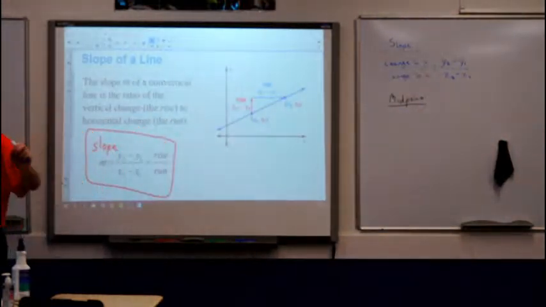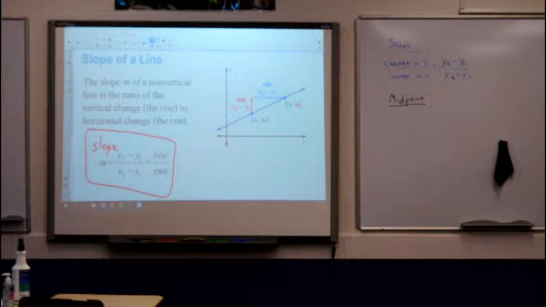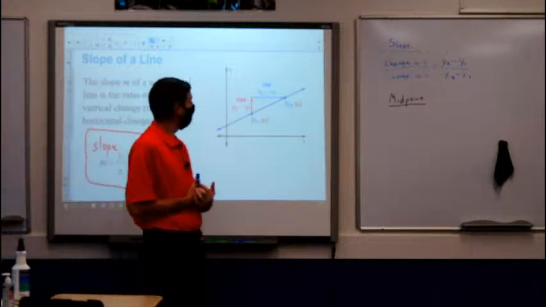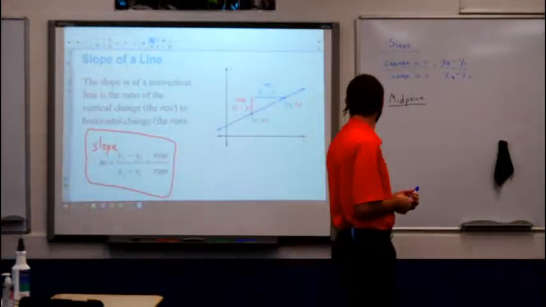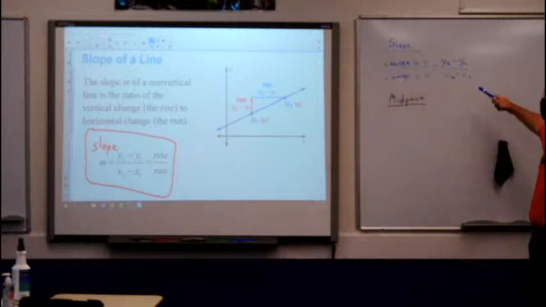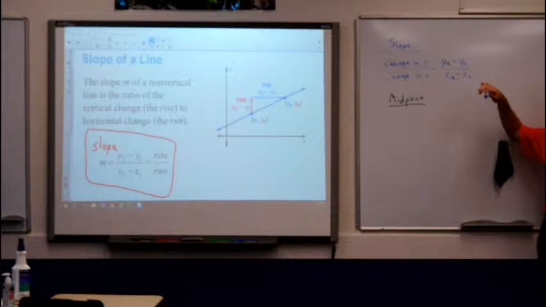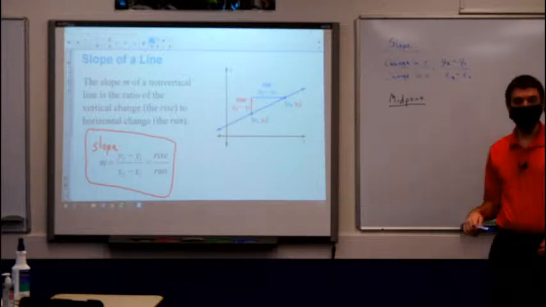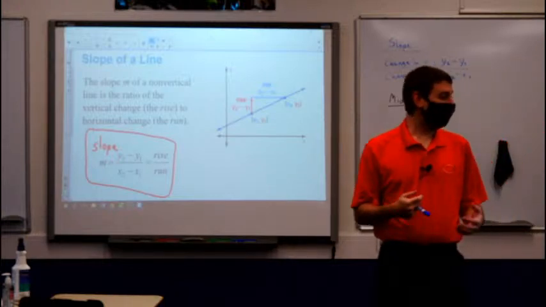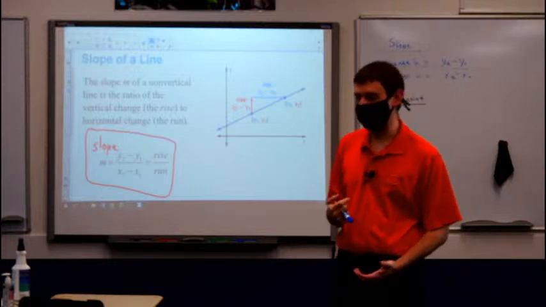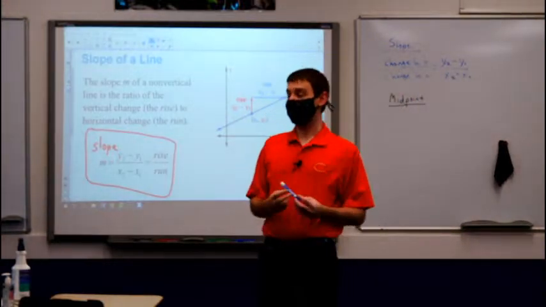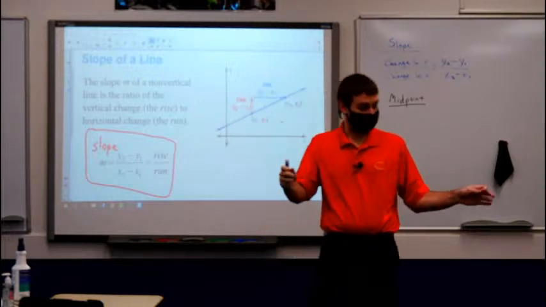And this is a formula that you should be familiar with. And just so you know, in case you forgot, these 2's and 1's, they're called subscripts. When we talk about y2 and y1, or y sub 2 and y sub 1, it's just meant to distinguish the coordinates from each other.